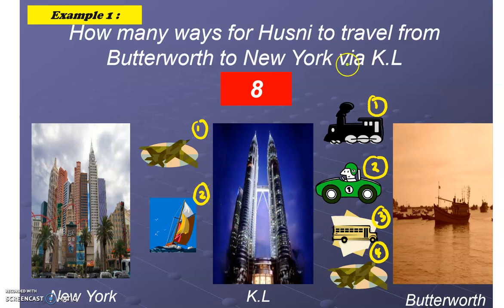So dia punya solution would be 4 times 2 equal to 8. So dia ada 8 cara untuk Husni travel from Butterworth to New York.